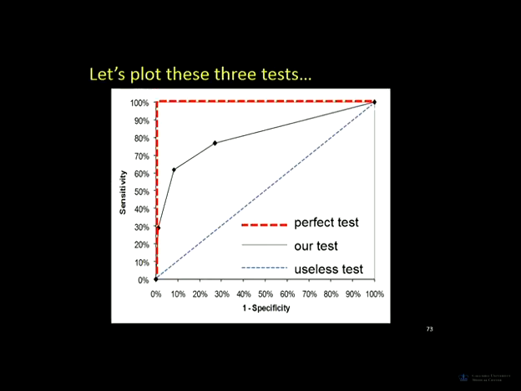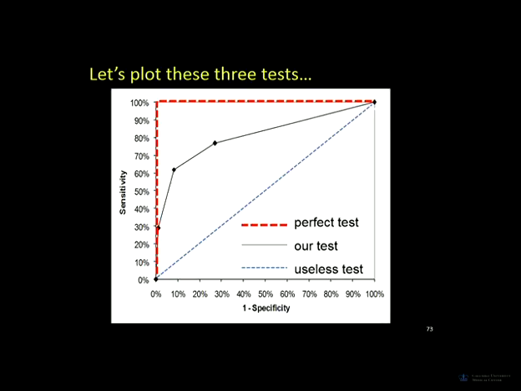So if we plot these three tests that I just showed you, the perfect test goes to 100% sensitivity at whatever threshold you want to draw between the two population distributions. And the perfectly useless test, in other words, this test in the blue dotted line, you would do just as well to flip a coin than to order that test.